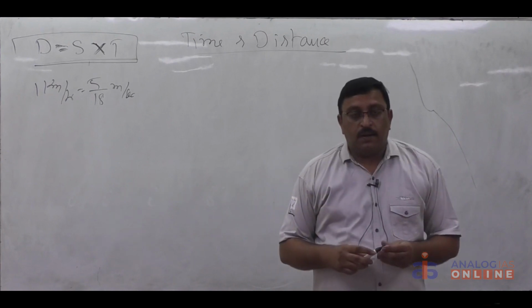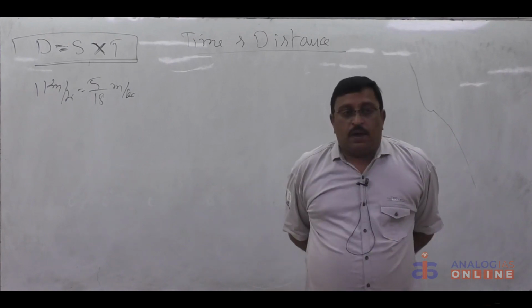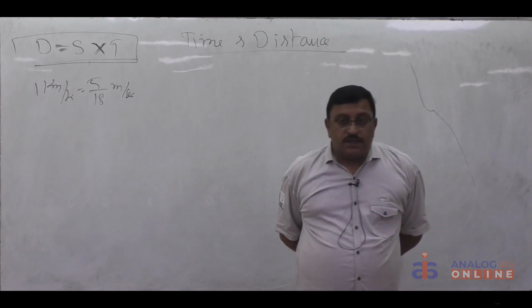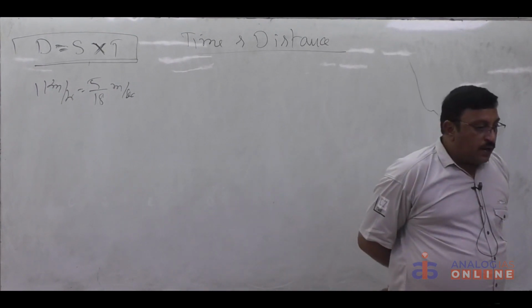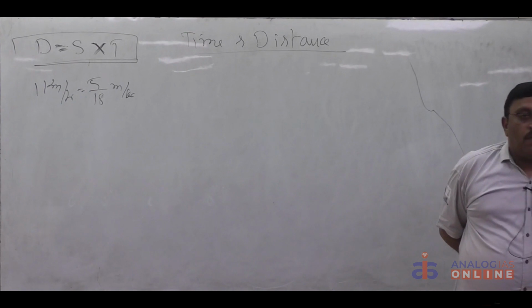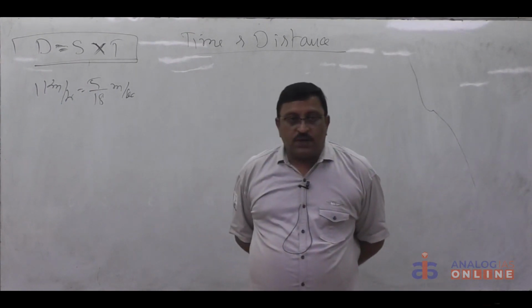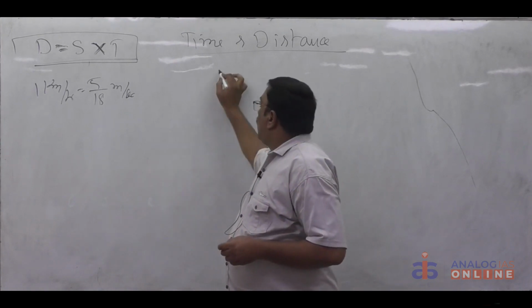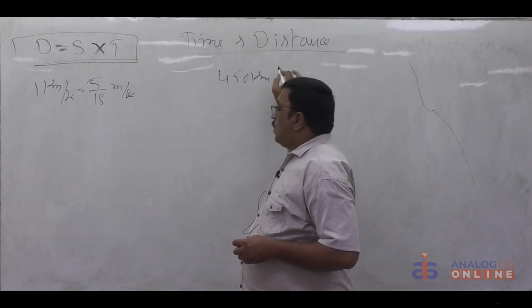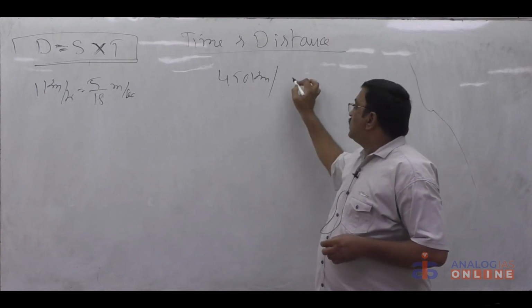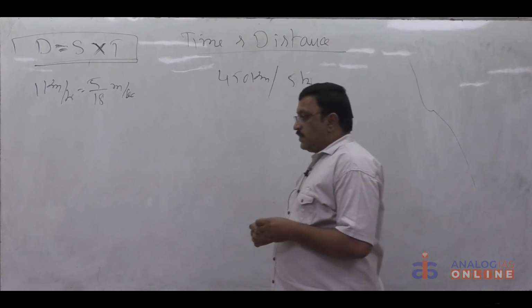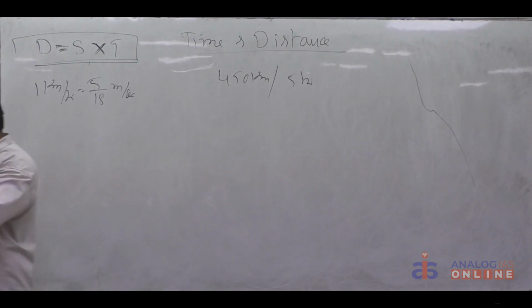Take the first one. A train covers 450 kilometers distance in 5 hours.